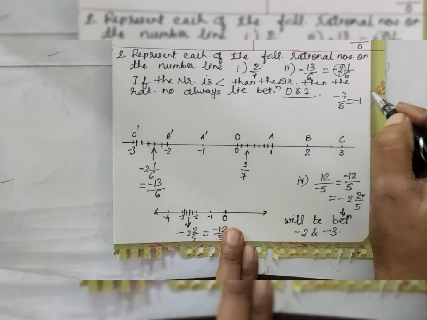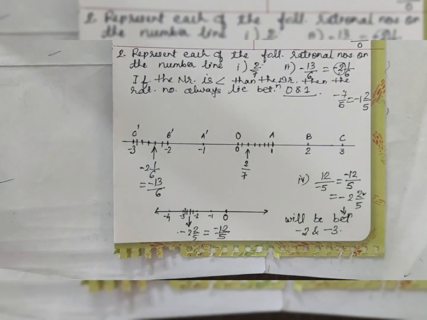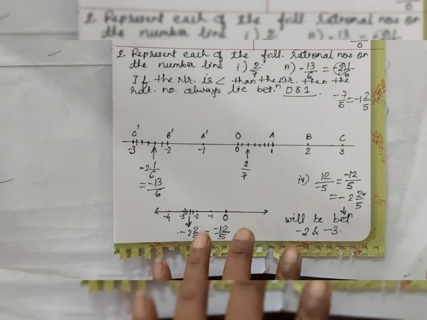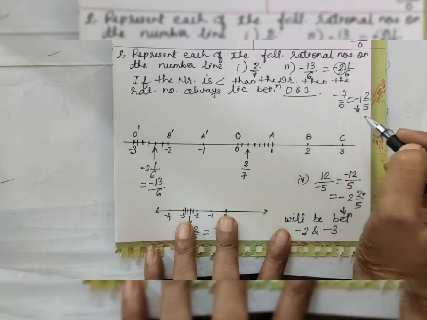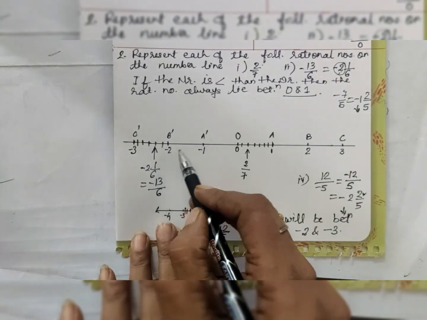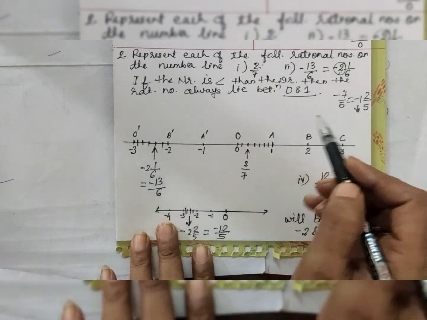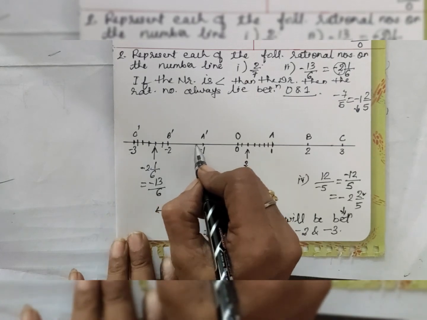Minus 1 2 by 5. So it means this will lie between minus 1 and minus 2. So here you have minus 1 and minus 2. You can represent this on the same number line. So what is the denominator? 5. So let's divide this part into 5 equal parts.